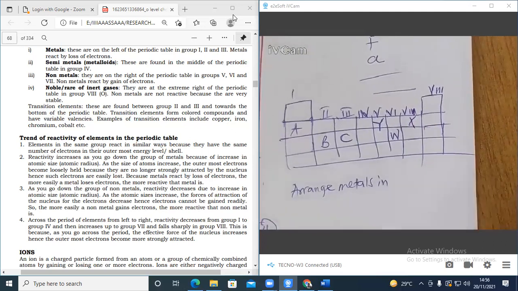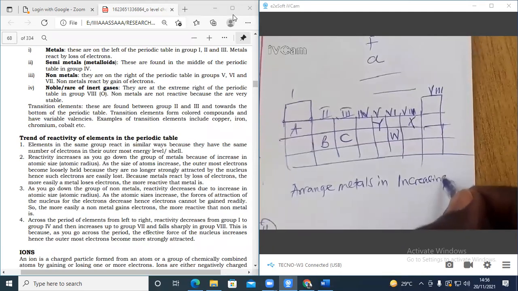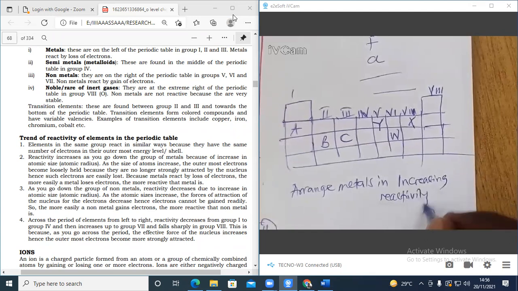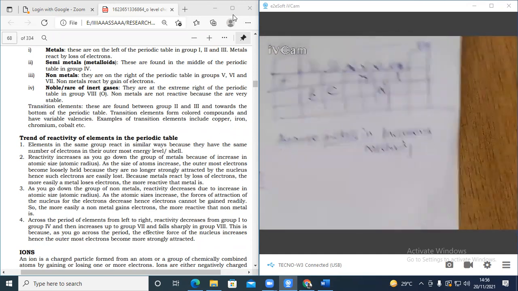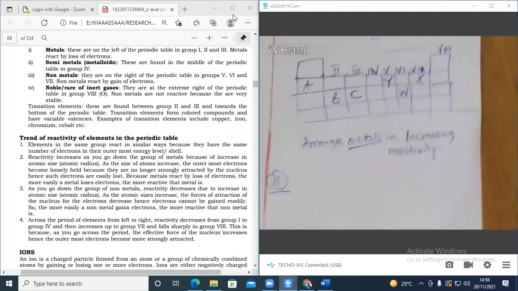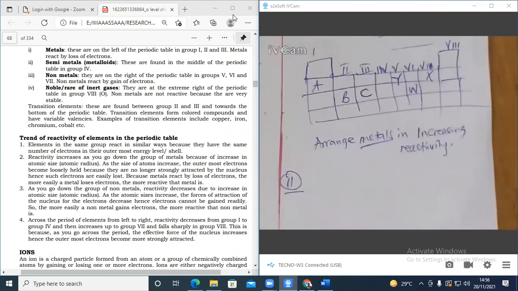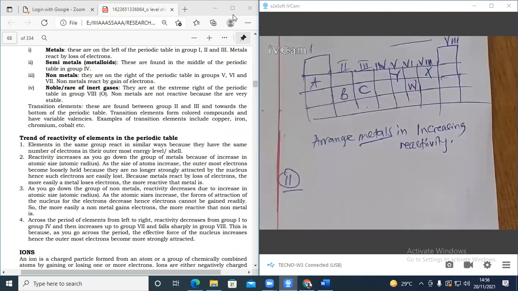in increasing reactivity. Then arrange nonmetals in increasing reactivity. These are metals, then nonmetals. Which one is going to be your first metal in the series? In the table we have drawn, which one is the first element you are going to put there?